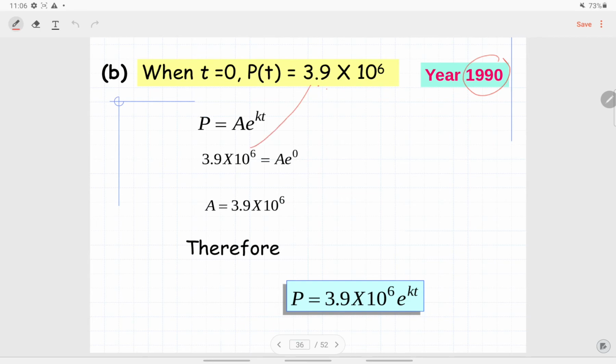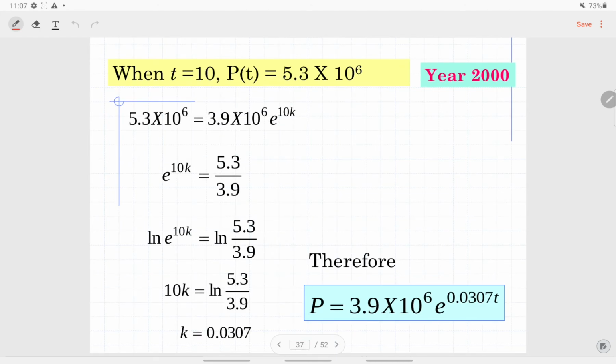So we substitute, we will get a exponential 0, where we let t equal to 0 in year 1990. Then you can get here a is 3.9 million. We can substitute into the equation.